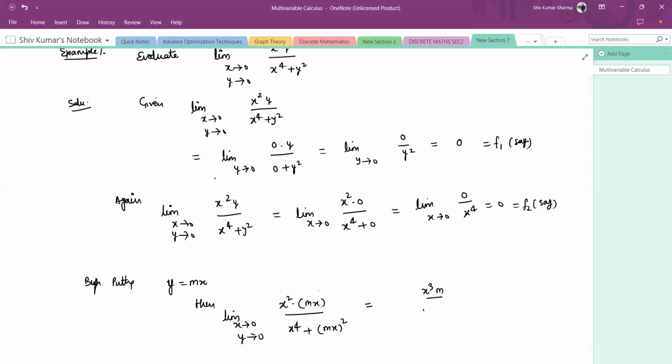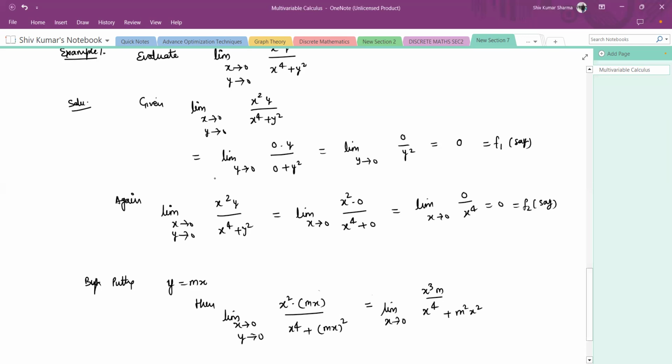Now here we write the limit. When we substitute the value of y, we just take the limit of x only. This can be written as x cube into m upon x raised to the power 4 plus m square into x square.